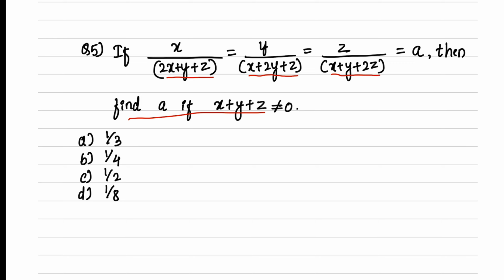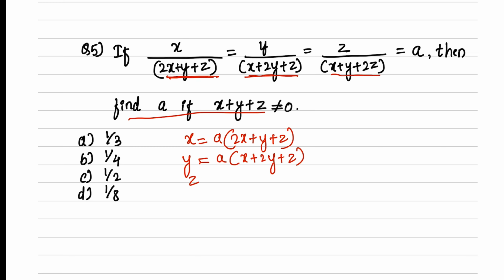So now I can write x equal to a into (2x plus y plus z), this value, and y equal to a into this value, (x plus 2y plus z), and z equal to a into this value, (x plus y plus 2z). Now I will add all three, 1, 2 and 3.